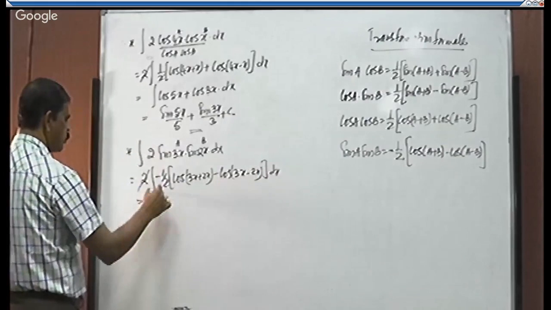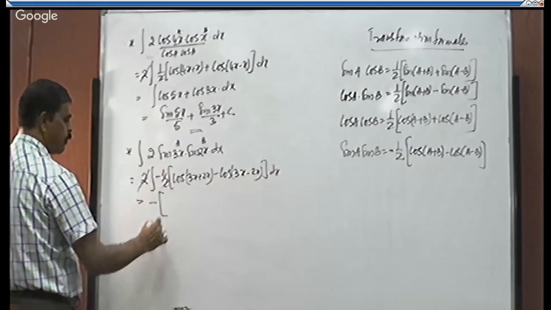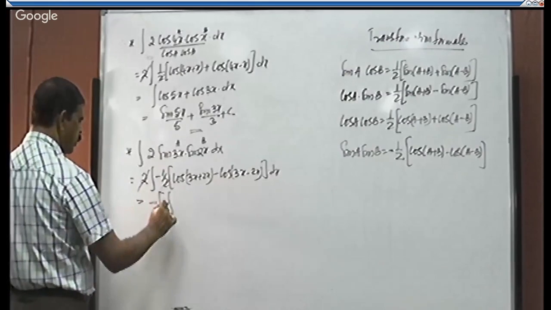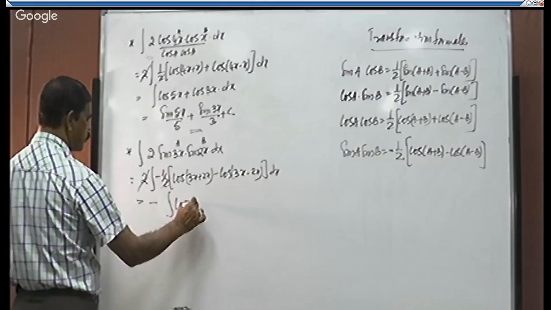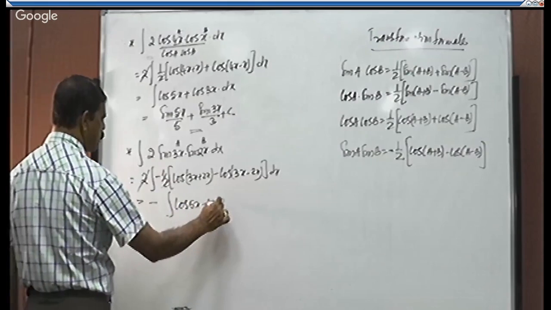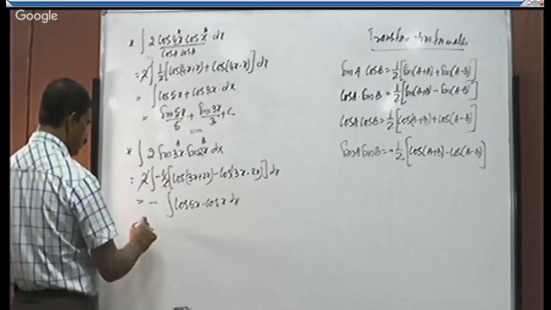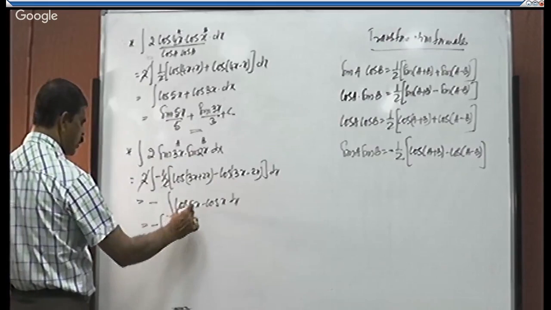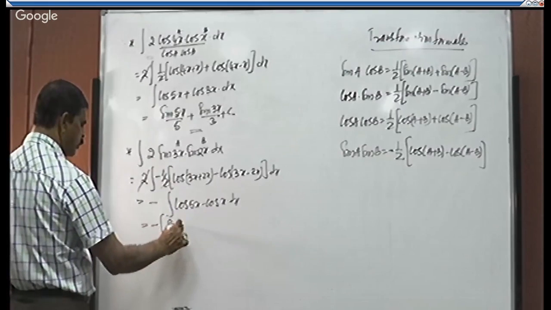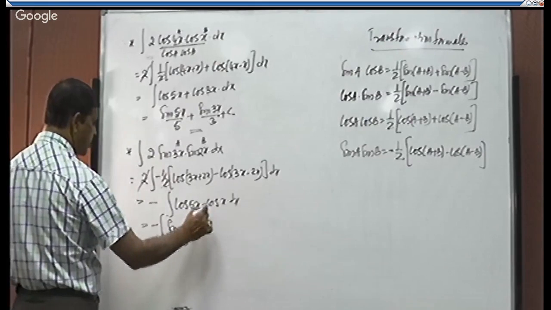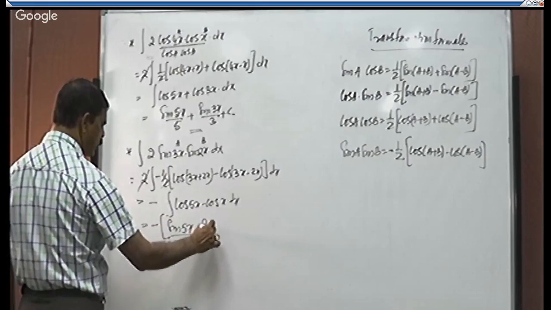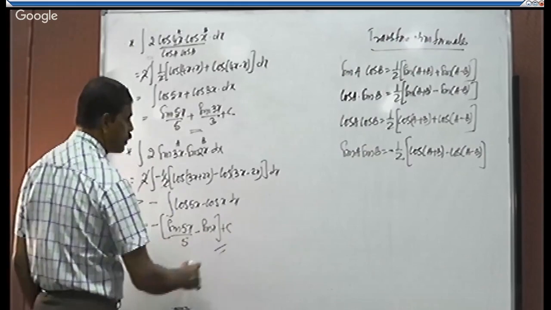Here also the 2 cancels, giving minus of the integral of cos 5x minus cos x dx. That is equal to minus of sine 5x divided by 5 minus sin x plus c. Correct?